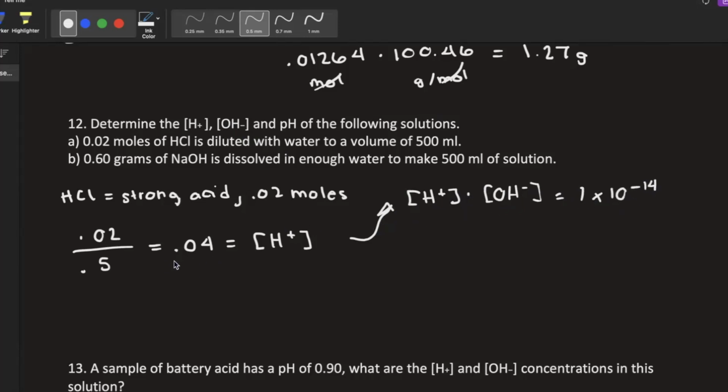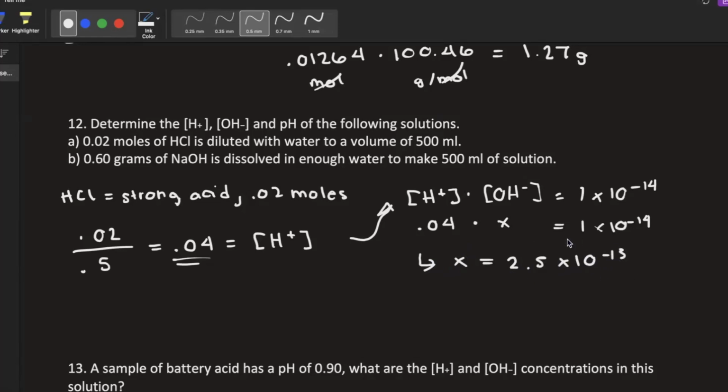And now we know the molarity. So we're going to do the same thing we did previously and take 0.04 times x equals 1 times 10 to the negative 14th. By doing this problem, we can determine that x is equal to 2.5 times 10 to the negative 13th.